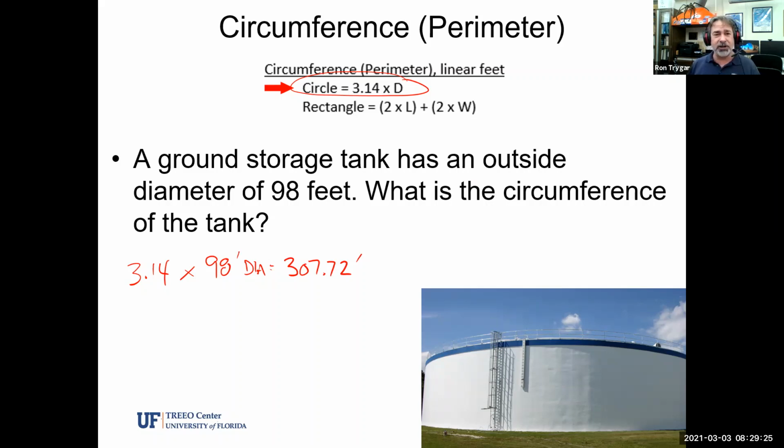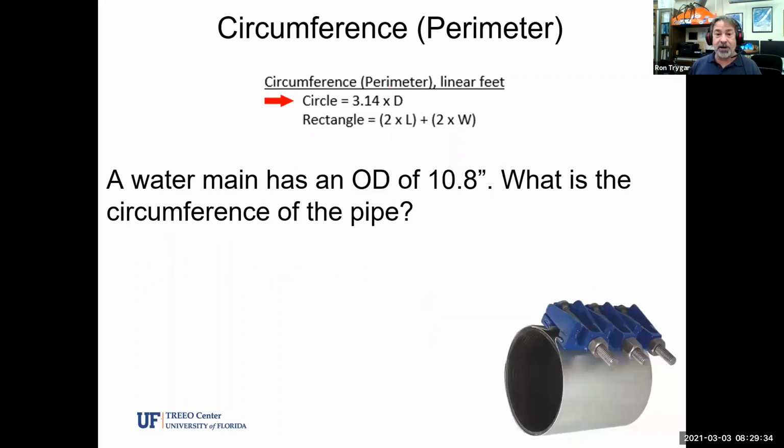But it does get a little trickier, because with water distribution systems, we don't just see ground storage tanks. We also see things like pipes. So here's where this gets a little more critical. We're going to use a wraparound clamp to fix a water main leak, and the clamps are generally given to us in a range of inches.